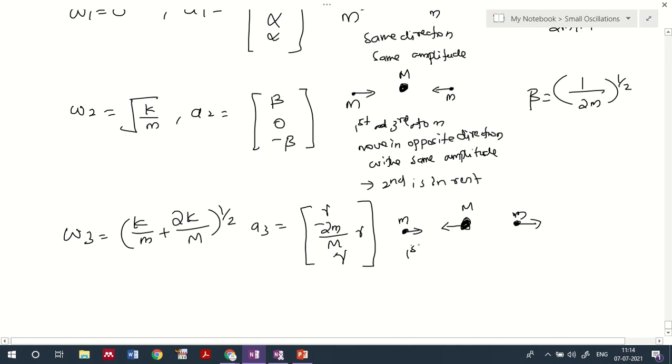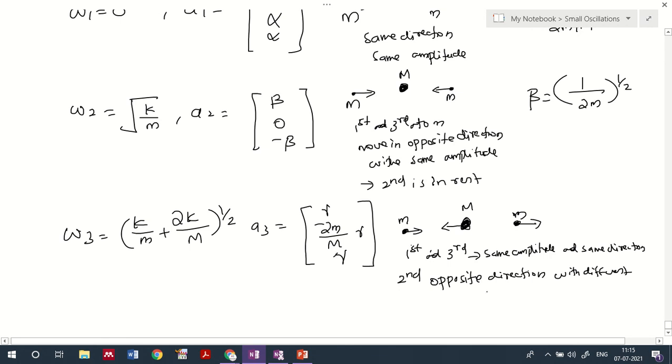So what we can say is that the first and third move with the same amplitude and same direction, and the second one is moving in the opposite direction with a different amplitude.